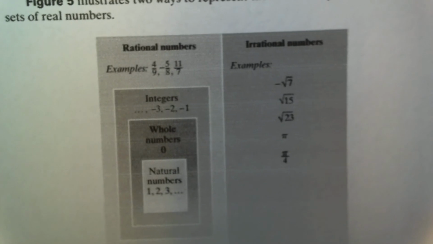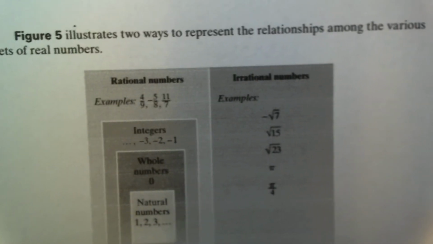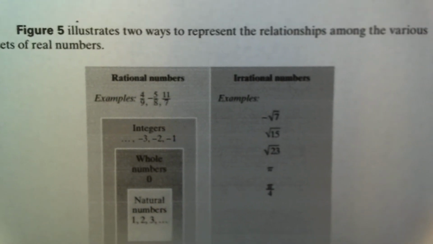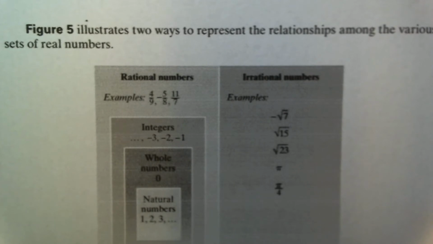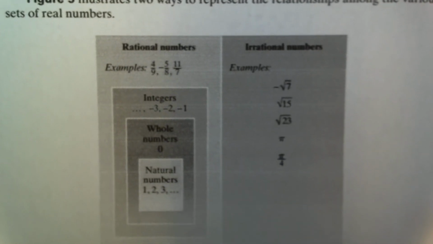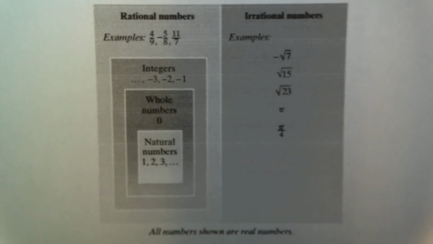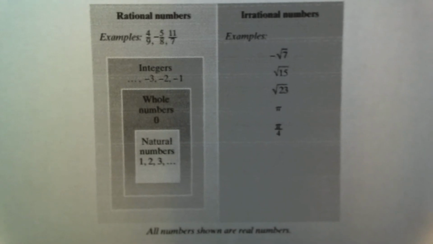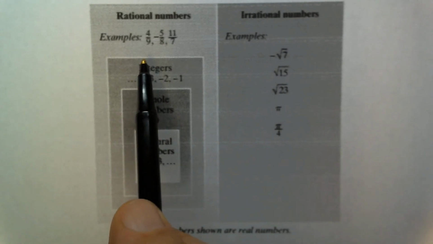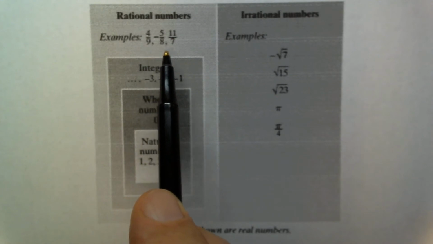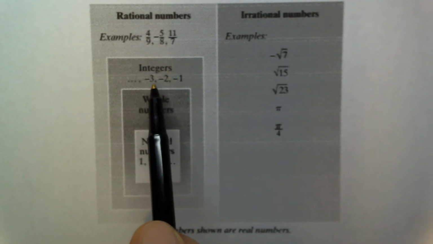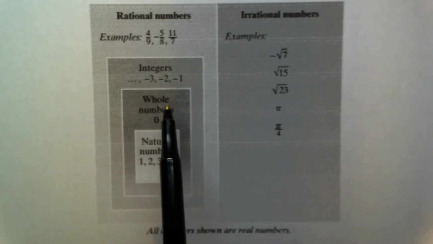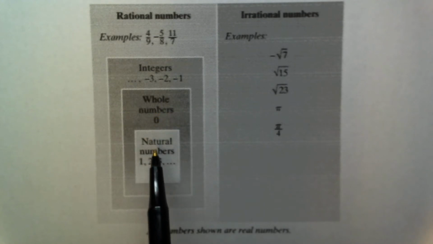There's a graphic representation of the set of real numbers, and in fact 2 of them. And so figure 5 illustrates 2 ways to represent the relationship among the various sets of real numbers. When you look at the first representation, we look at the rational numbers here on one side, and here are the examples like 4/9, minus 5/8, and so on, and the integers that we just discussed a moment ago, and the whole numbers and the natural numbers.